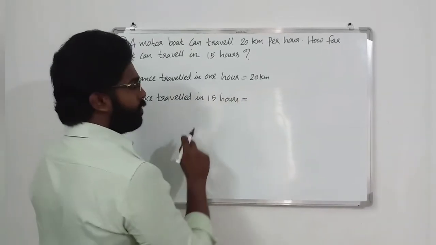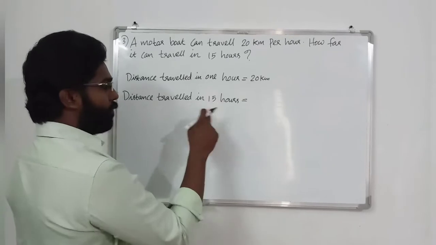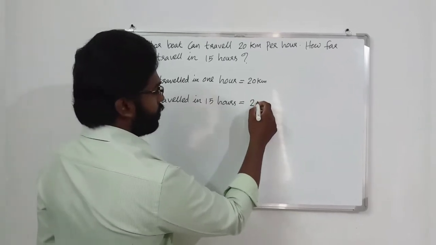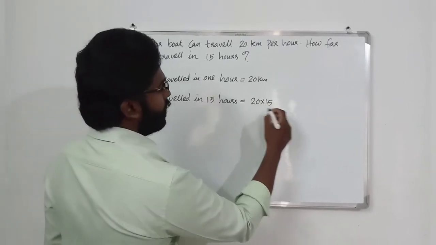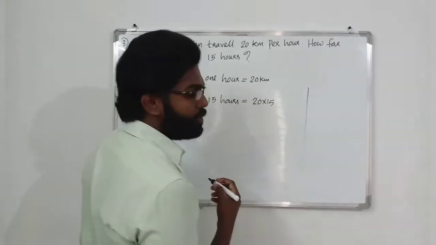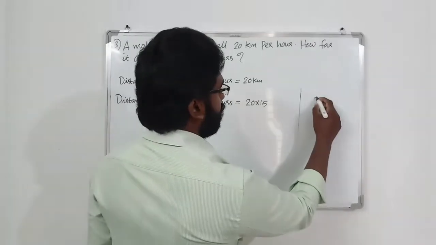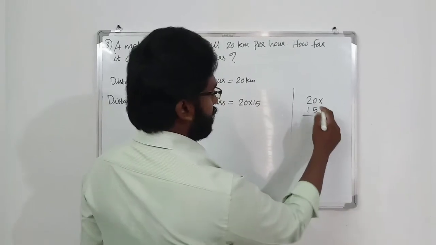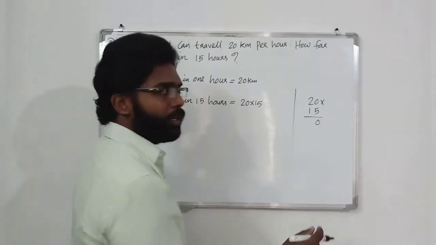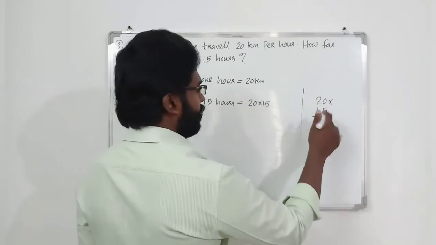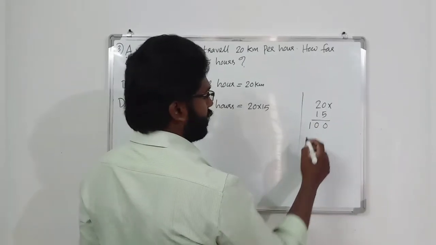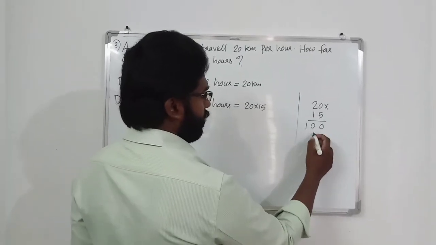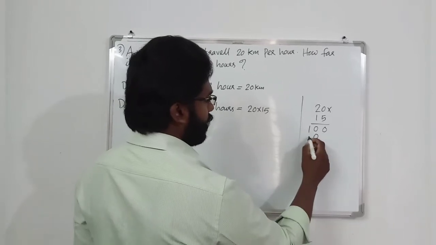So what? In 1 hour 20, so for 15 hours, 20 into 15. So we can do the calculations here. 20 into 15. 0 into 5, 0. 0 into any number is 0. 2 into 5, 10. 1 into 0, 0. 2 into 1, 2.